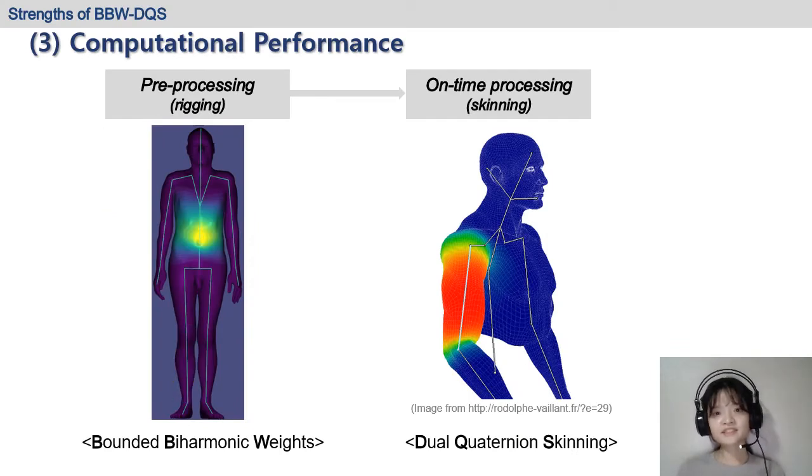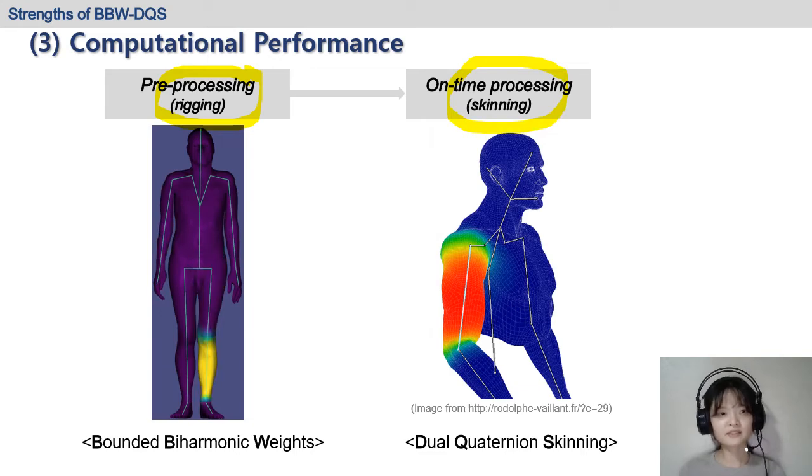The third is computation performance, which I have slightly mentioned in a previous slide. So again, these are the two steps of the BBW DQS deformation. Our strategy here is that if we need a lot of computation resources for realistic deformations, let's do it here in pre-processing and keep this part very simple and fast.